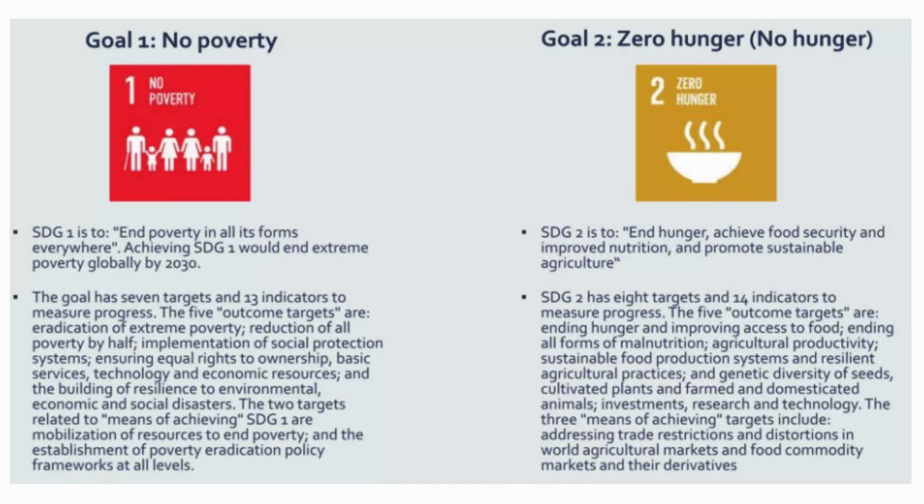Achieving SDG 1 would end extreme poverty globally by 2030. The goal has 7 targets and 13 indicators to measure progress. The 5 outcome targets are eradication of extreme poverty, reduction of all poverty by half, implementation of social protection systems, ensuring equal rights to ownership, basic services, technology, and economic resources, and the building of resilience to environmental, economic, and social disasters.